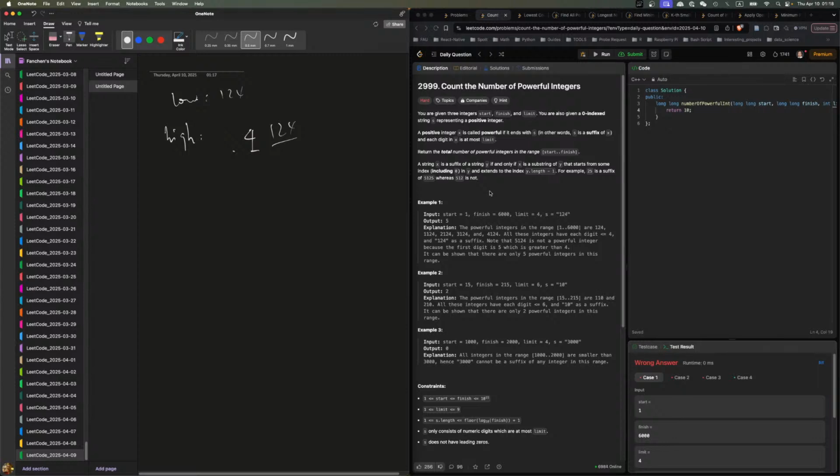But if it's bigger than the limit, then we simply use the limit, right? Because we want something small. Ideally we all use the limit, right?